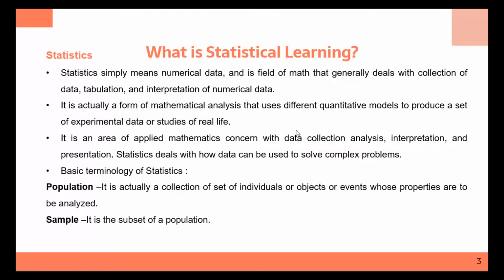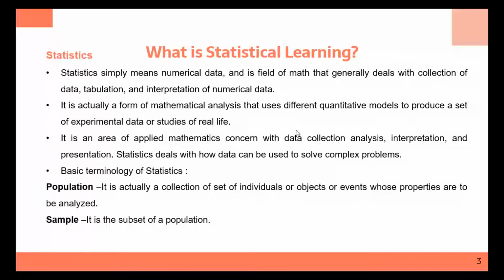So here we are talking about the analysis of quantitative models. Whenever we say models, an equation can be called a model, or a group of equations can be called a model here.